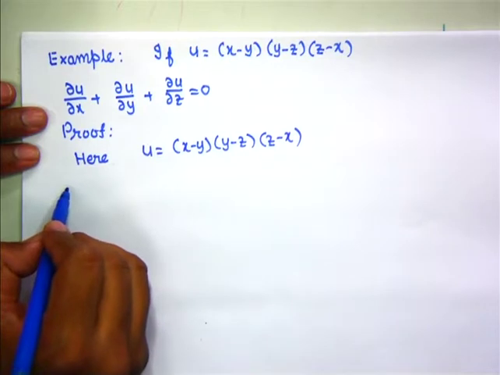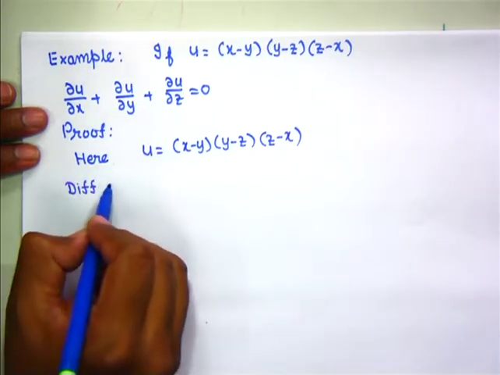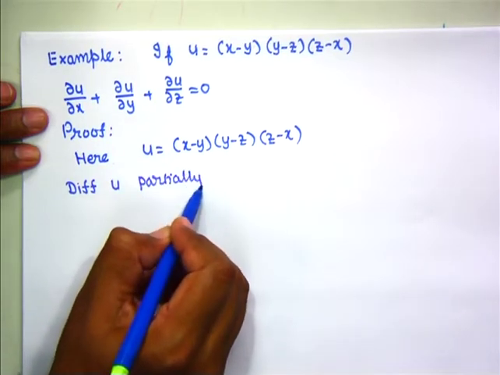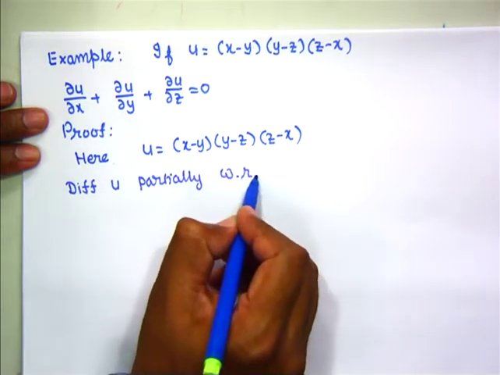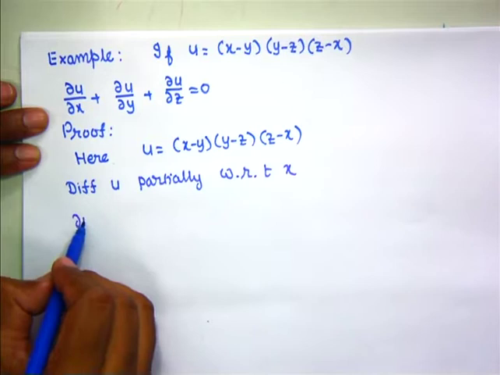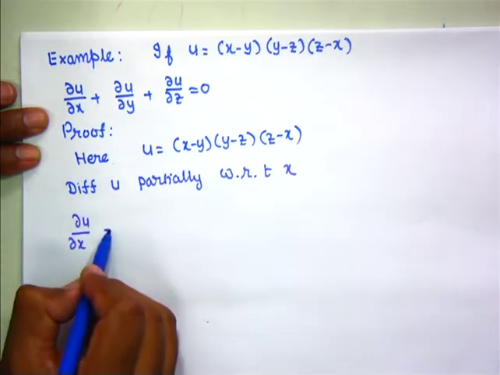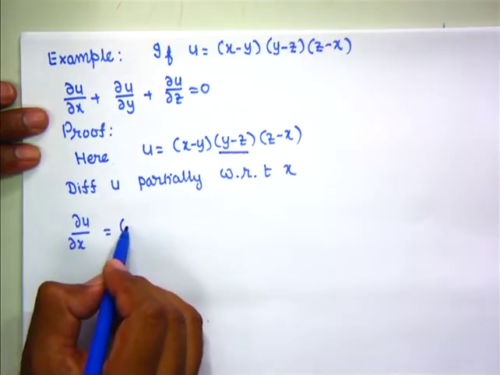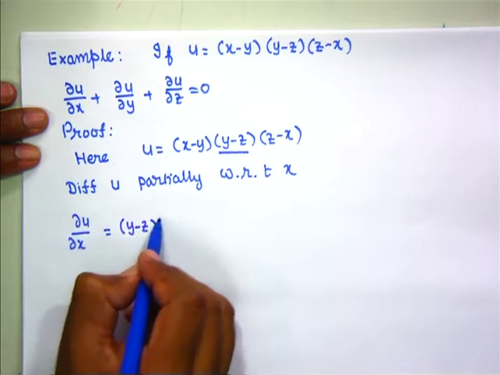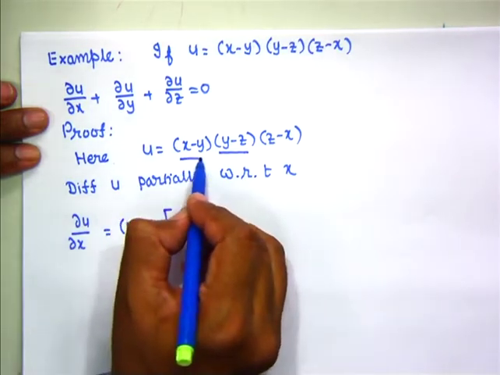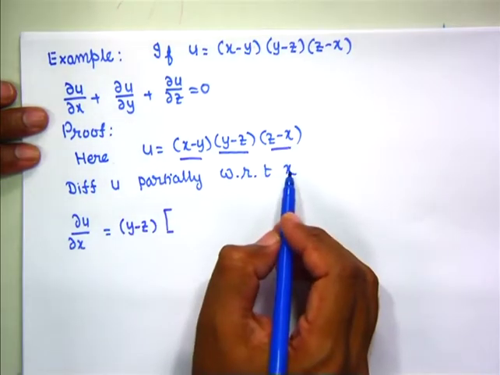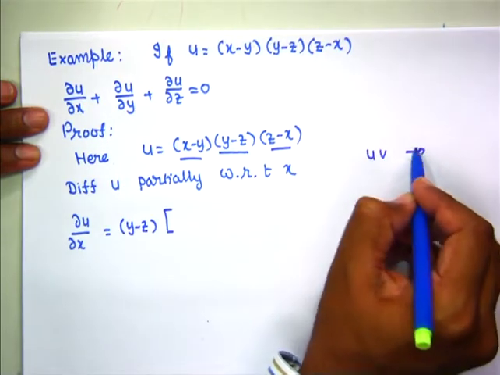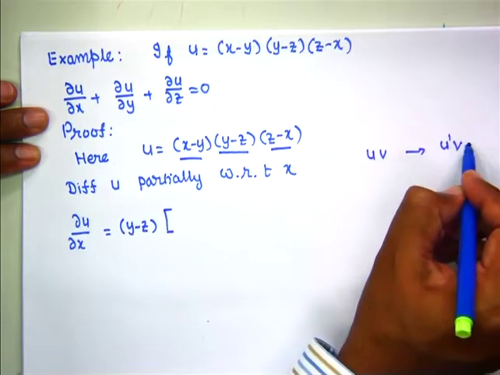So differentiating u partially with respect to x, del u by del x is equal to, here y minus z is constant when we are differentiating partially with respect to x, so I keep y minus z fixed, and then the differentiation of x minus y and z minus x can be found with the help of the u into v rule, which is u dash v plus u v dash.